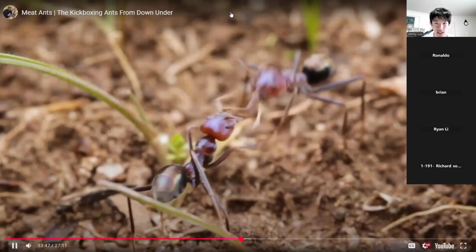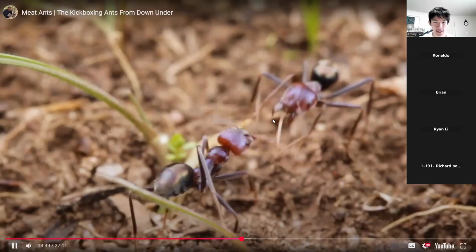You guys can see here they're slapping each other with their front legs.